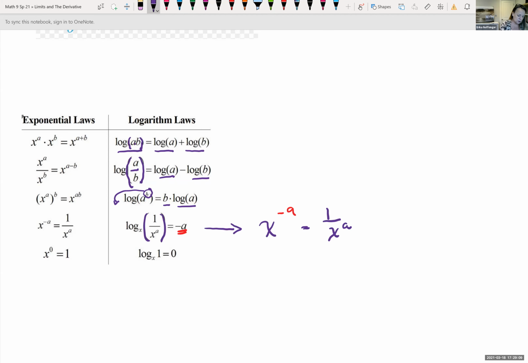And this is rules of exponents. I have a negative exponent, so I bring it down to the denominator and make that exponent positive. I guess these are all correlated with each other. And then this one is saying, if I have x, what do I raise x to? Well, I raise x to the 0 power to get back 1.